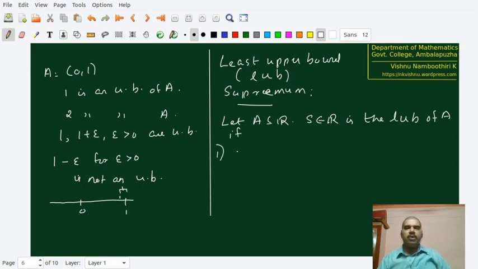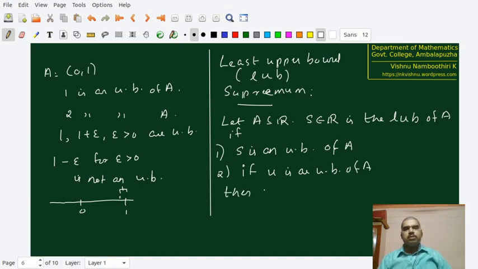The conditions are the following: S is an upper bound of A. The next condition is that if U is an upper bound of A, then S is less than or equal to U. The first condition is the upper bound condition. The second condition is the least condition. Therefore, there are two conditions for S to become the LUB.